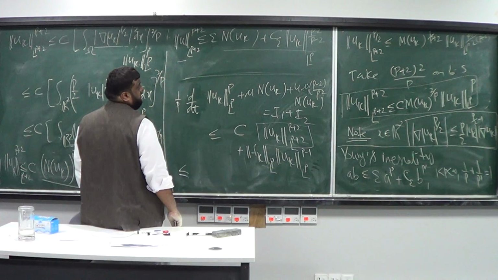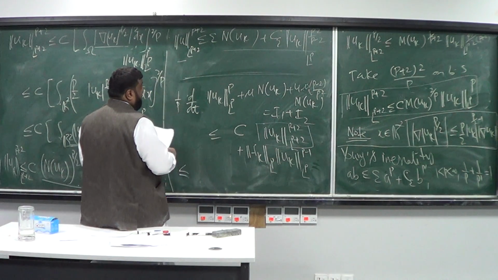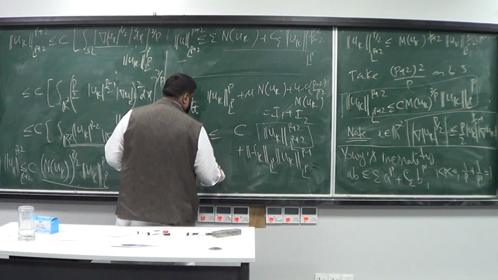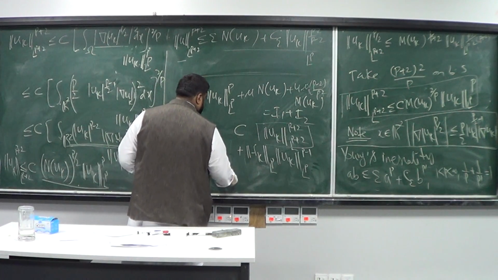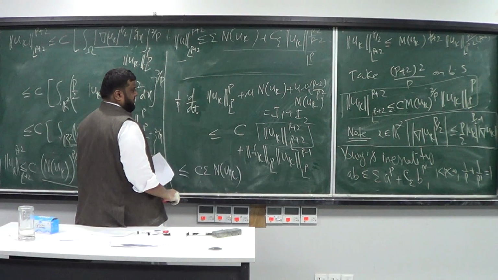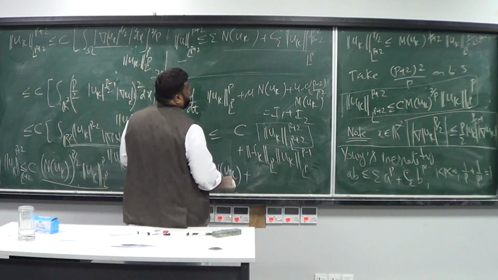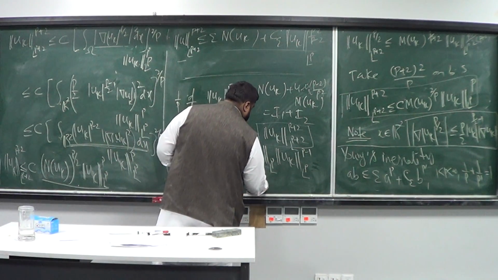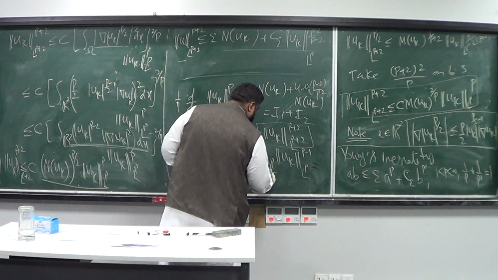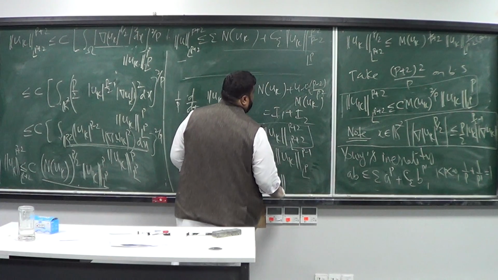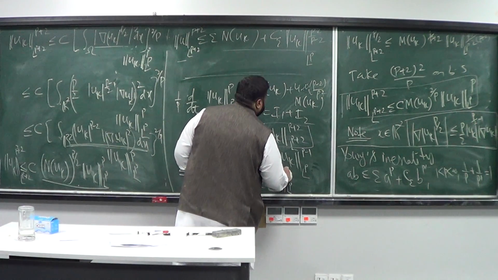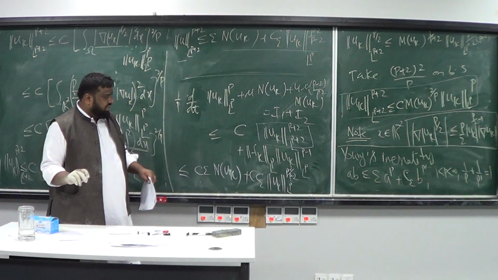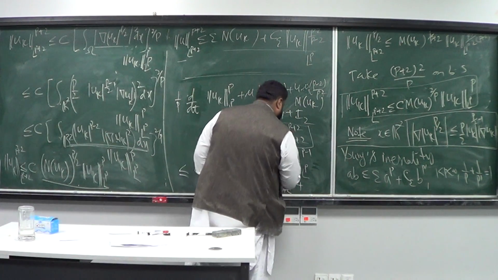So if you substitute this estimate, your thing will become C_epsilon times N of u_k, plus another constant depending on epsilon times the L^p norm of u_k to the power p squared over p minus 2, plus this last term.